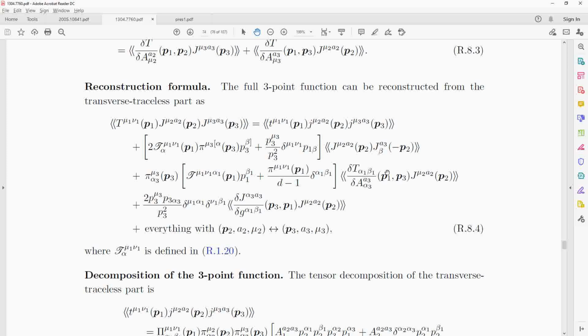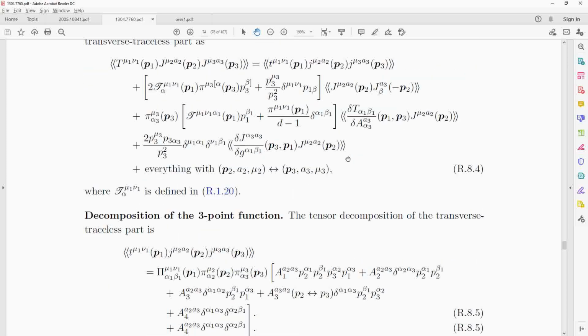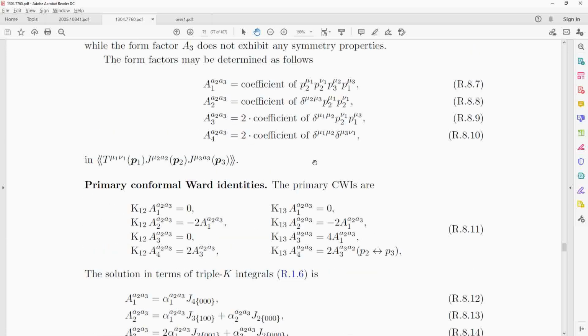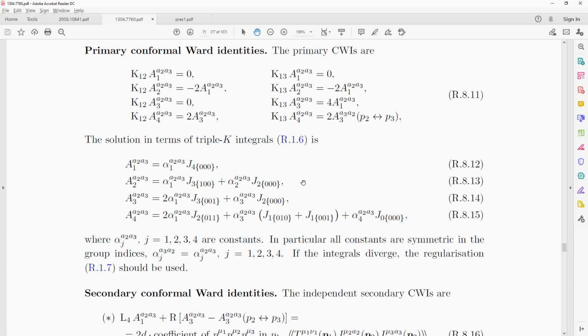So this is all due to Ward identities. And then here we can see how the transverse traceless part is expressible in terms of form factors. So in this case, we have 4 form factors: A1, A2, A3. This is also A3 with some parameters, with momenta switched, and A4. And eventually you can solve Ward identities and you can arrive at this sort of a solution.